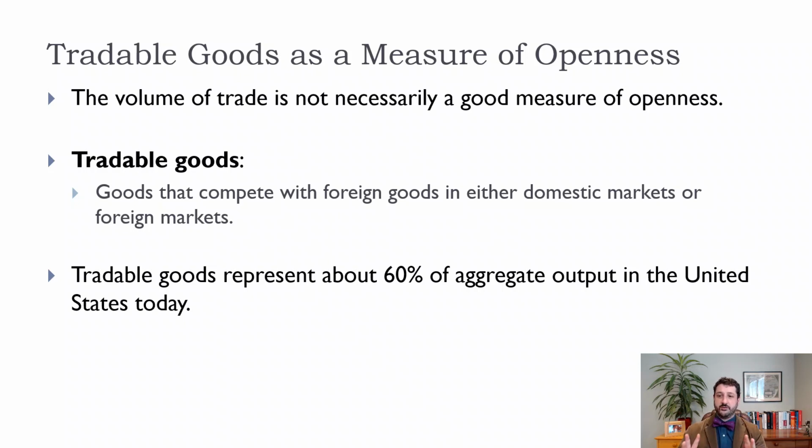One estimate is that tradable goods represent about 60% of aggregate output in the United States, and that's pretty large, right? That means that about 60% of what we produce, we could import. So those producers have to worry about not only domestic competition, but also international competition.